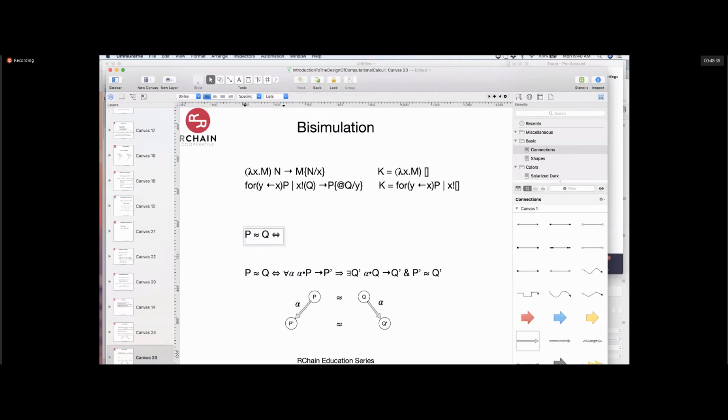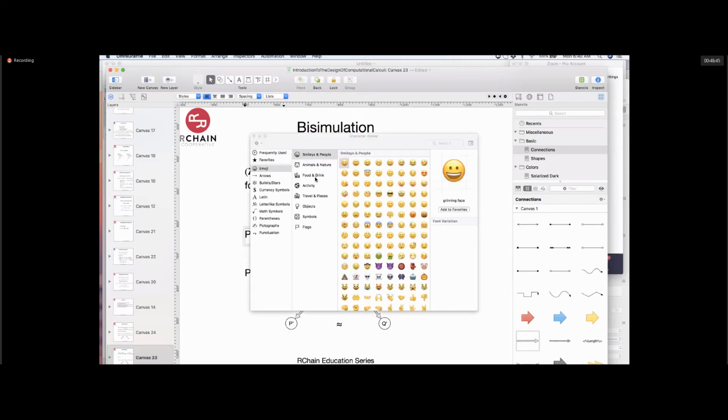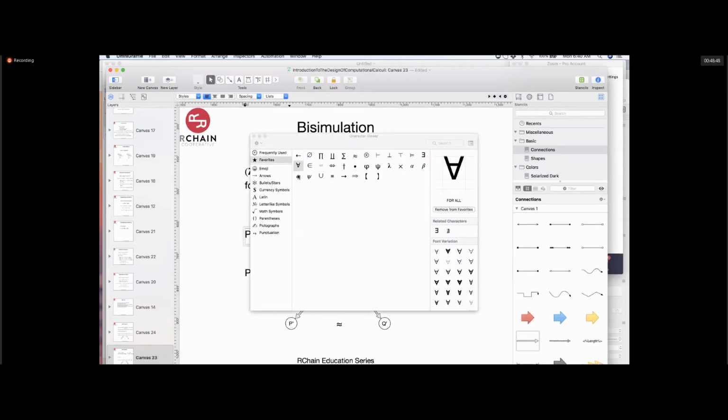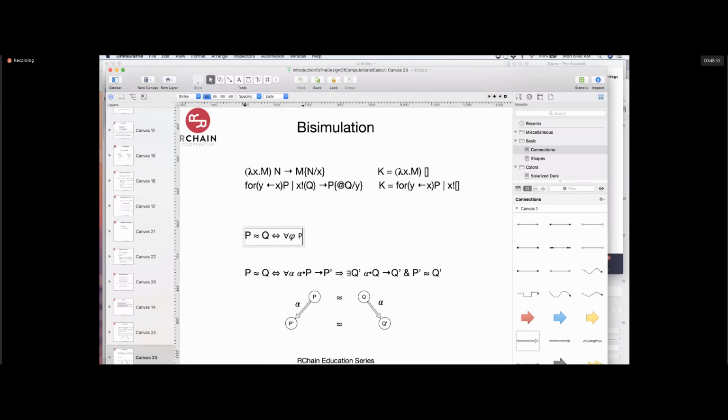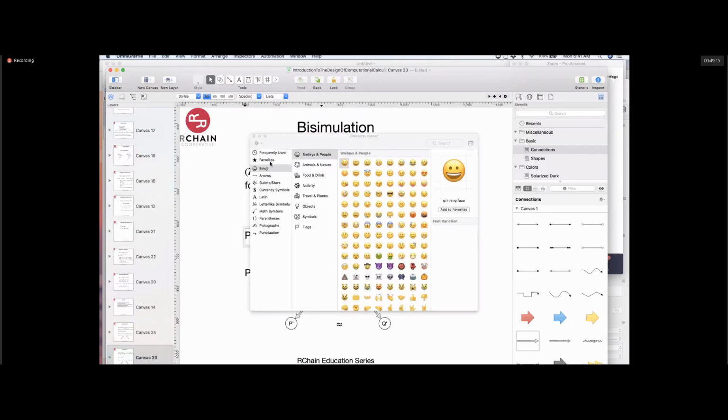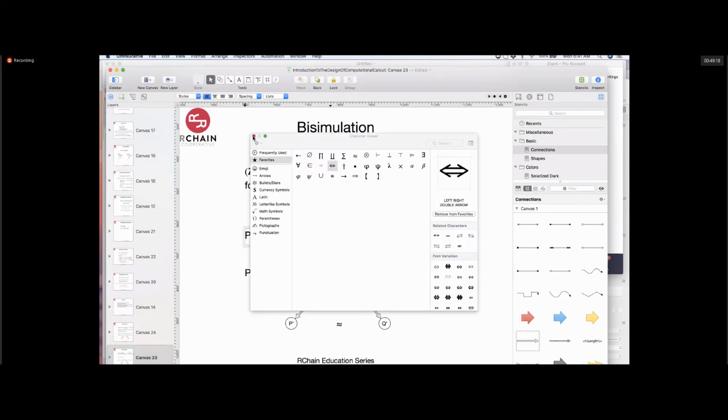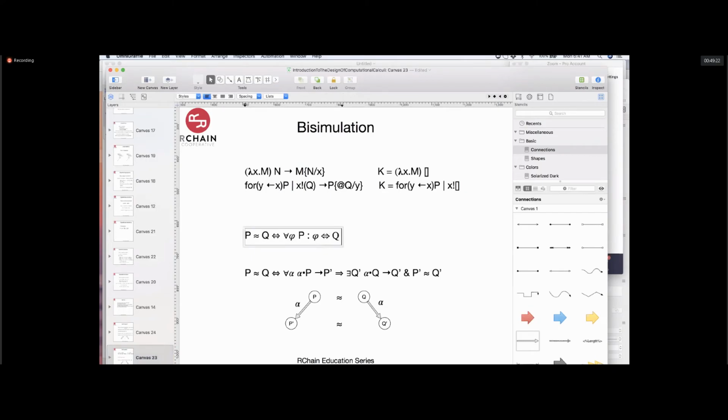P is bisimilar to Q if and only if for all phi, where phi is ranging over the formulae, P satisfies phi if and only if Q satisfies phi.